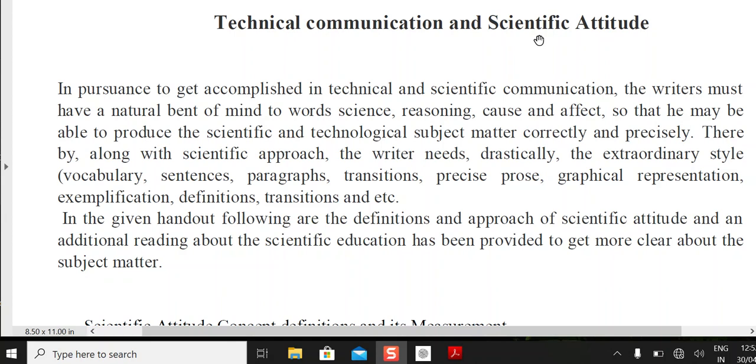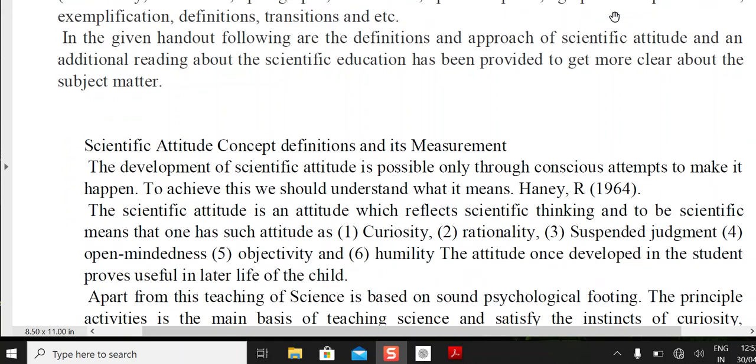And attitude is the natural tendency of a person to look at the happenings in this universe, in the environment, within the body, not by divinity, revelation, or other kinds of reveries, but on a sound experimental basis. This is called scientific attitude. Scientific attitude is very necessary to become a scientific writer and a scientific professional, and it is the key to success for people in this physical world.